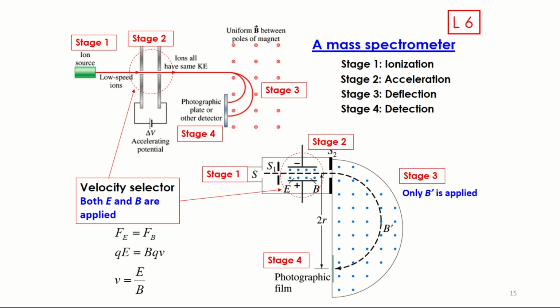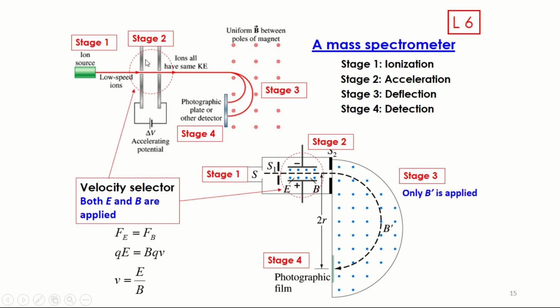A mass spectrometer has 4 stages. Stage 1 is ionization. Stage 2 is acceleration, and also the velocity selector, where both E and B are applied.